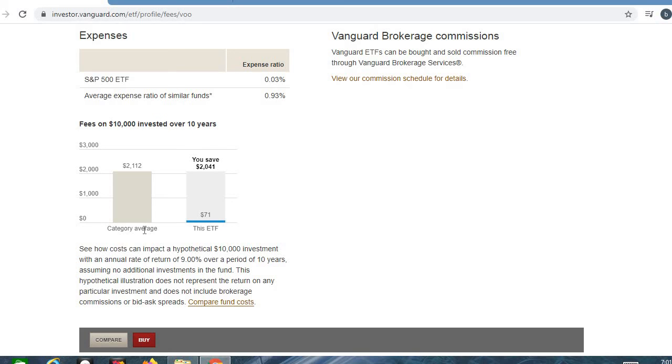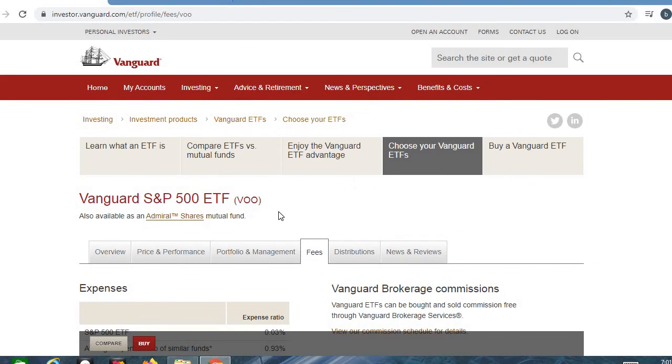If someone invested in similar funds, but not the Vanguard, the expense at the end of 10 years will be $2,112. But if someone invested in this Vanguard ETF, the expense at the end of 10 years over $10,000 will be $71. So we save $2,041.